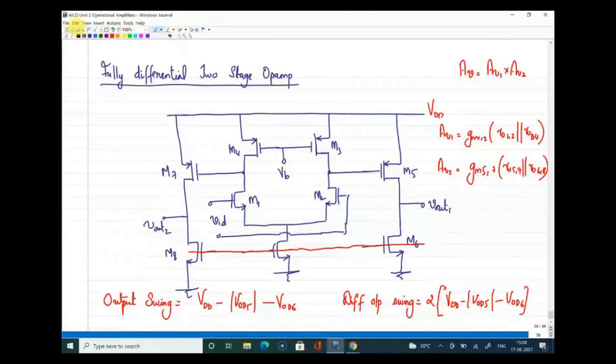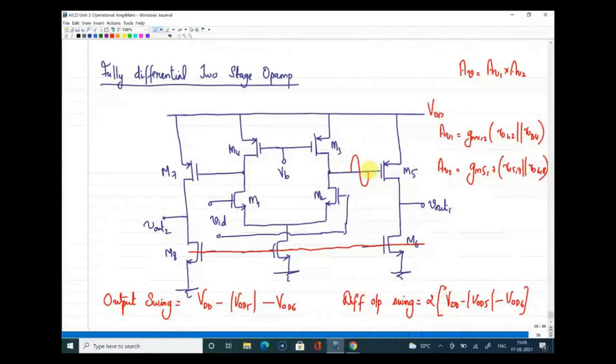You are asking what can be the largest signal swing allowed at the gate of M5?